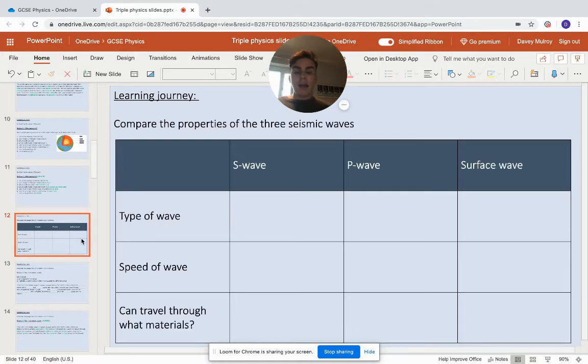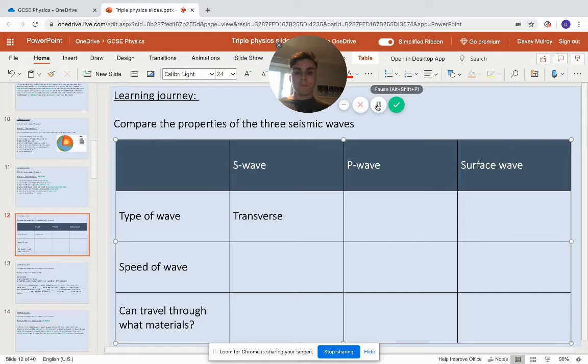And our last part of our learning journey, we're going to compare the properties of the 3 seismic waves: S waves, P waves, and surface waves. Now our first type of wave are S waves. They are transverse. Okay.